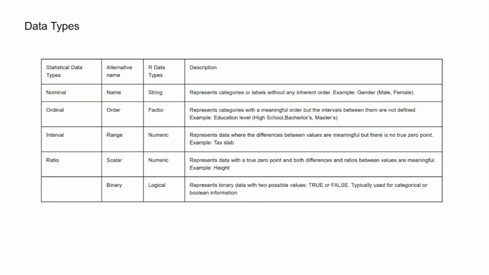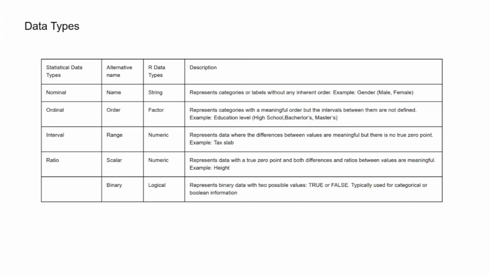So the difference between 1 and 2 and 2 and 3 is not clear in ordinal. But when we come to range, it is slightly better. We try to say the first slab is 5 lakhs, the second slab is 5 lakhs, or the way we define ranges, it depends on that. So there is an inherent meaning which we are trying to provide in the way we define the interval.